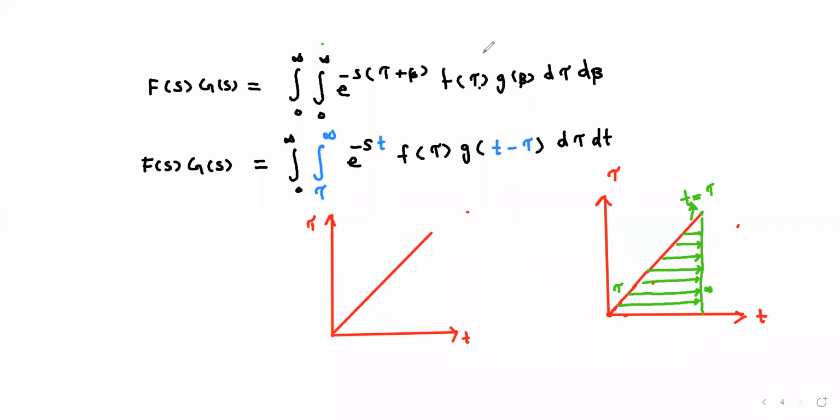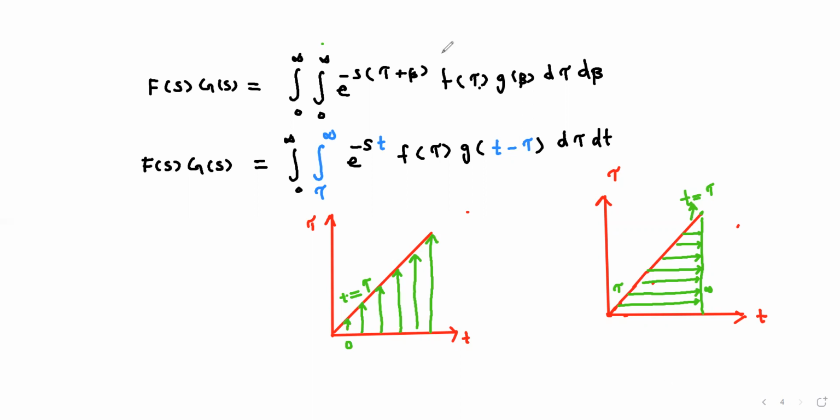Now if I change the order of integration in this sense, like I am integrating like this, here you can see that we have integration from 0 to t, where t is equal to tau. Okay, students. Now it means that our order of integration is completely changed. Now this limit will be changed.